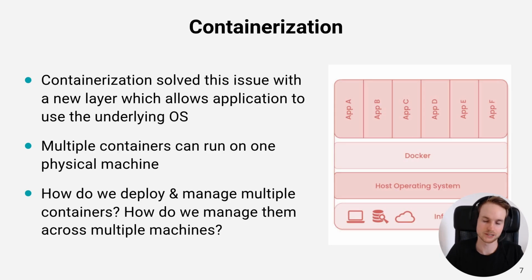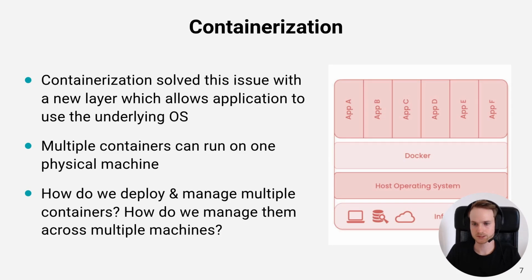This is where containerization was invented. Containerization solved this issue with a new layer, which gave access to independent containers, which run the actual applications, to the physical host resources. This was very good because now multiple containers can run on one physical host without the overhead of emulating or virtualizing a whole operating system.